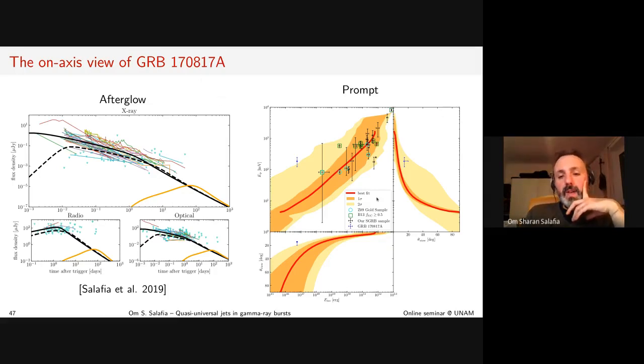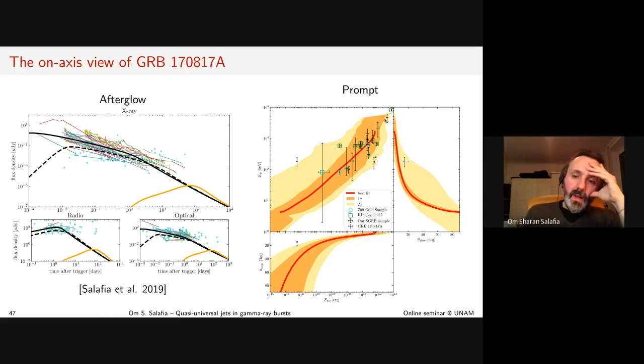On the right figure, you have essentially the same approach applied to the prompt emission. So in this case, again, we assume a constant efficiency as a function of the viewing angle, of the angle from the jet axis, and we predict the isotropic equivalent energy versus the peak energy of the spectrum as a function of the viewing angle, and they make up this line, which is the same as the Amati correlation that I was talking about before.